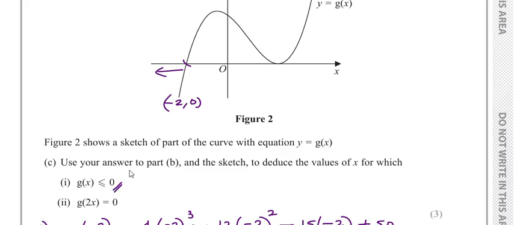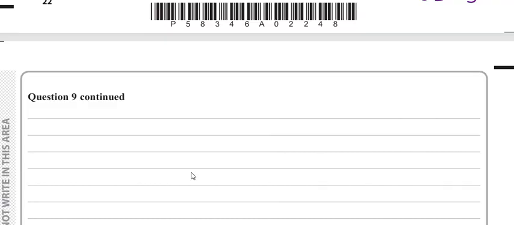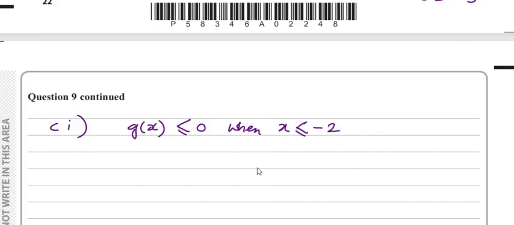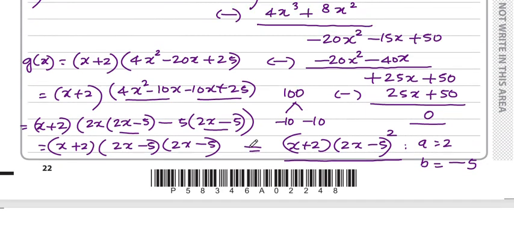So we can say that g of x is less than or equal to 0 when x is less than minus 2. So we can write that here: g of x is less than or equal to 0 when x is less than or equal to minus 2, right? What is this next part of the question?